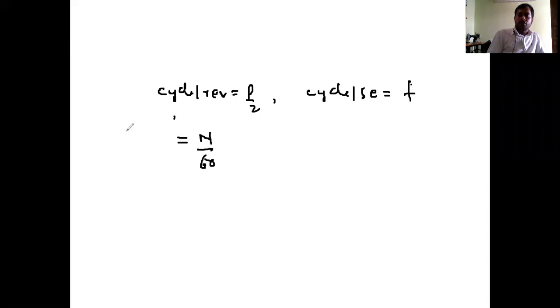Cycles per revolution is equal to P by 2. Cycles per second is equal to frequency. And speed is N by 60 revolutions per second.